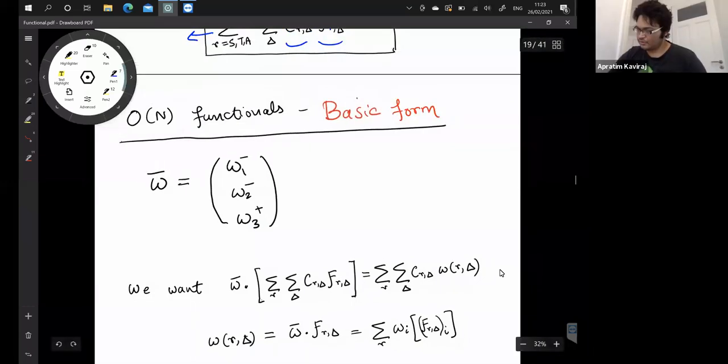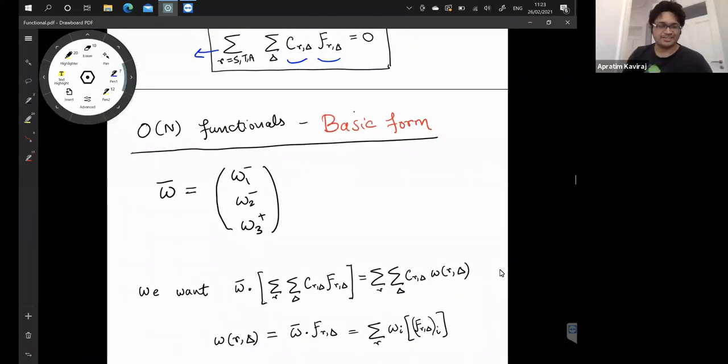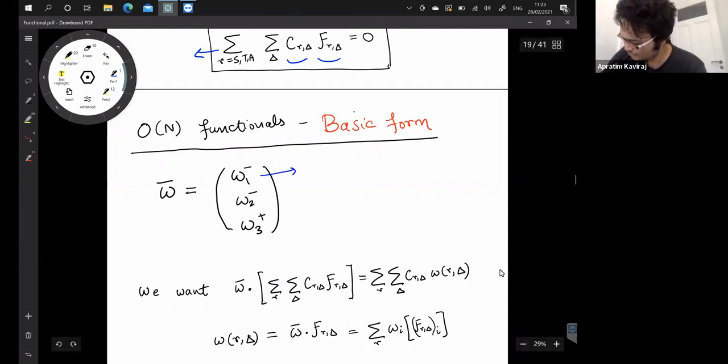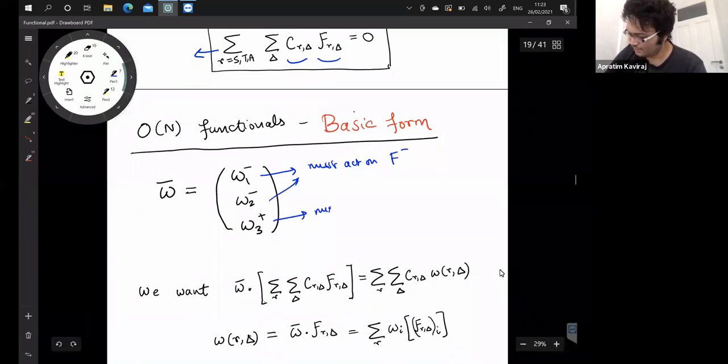All right. So the ON functionals, if given the form that I just showed, must have the following form that I'm showing now. The first two components need to be omega minus because they must act on f minus, and the third must act on f plus.